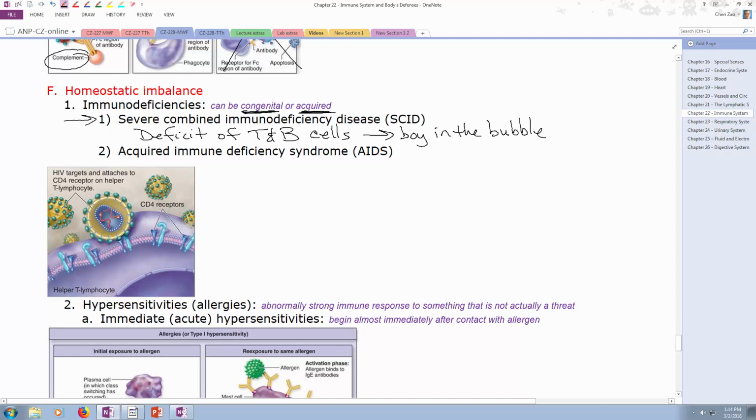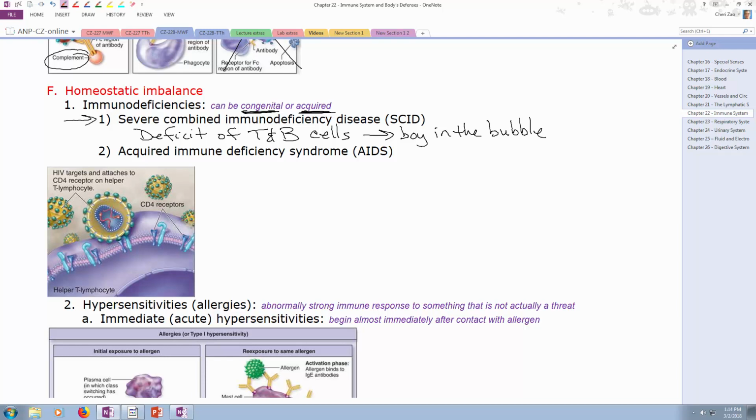So you have to live in a sterile environment where you have no encounter of any pathogens in order to survive. Because if you have no T cells, no B cells, then only your innate mechanisms are protecting you. And so you cannot be introduced to pathogens which could possibly breach your primary defense, which is our surface barriers, and then secondary defense, which is our cellular and chemical methods of protection.